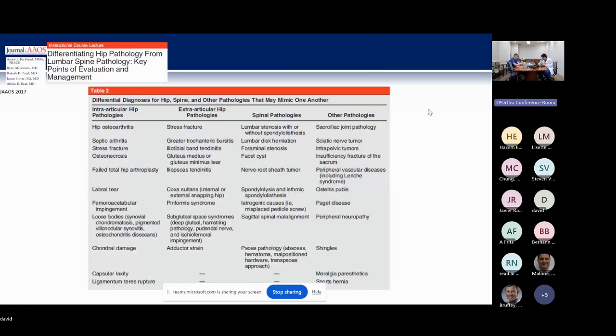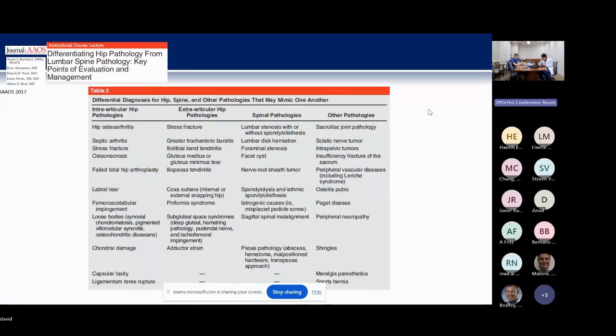In the hip, there's a spectrum of intra-articular degenerative hip disease, as well as extra-articular pathologies, including the glute medius strains, which we talked about at that research conference last week. So all of these can localize the pain around the hip.